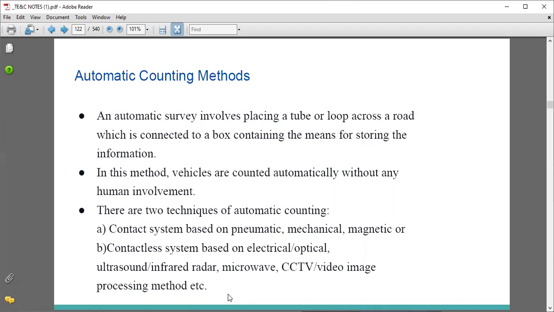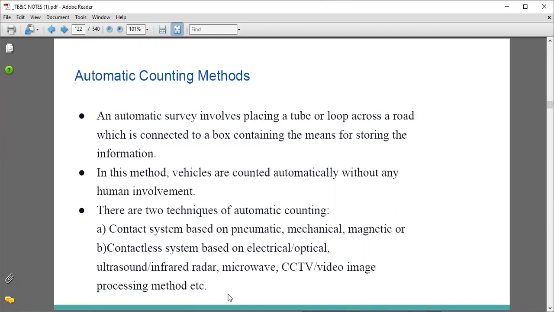These techniques are based on pneumatic, mechanical, electrical, optical, or sometimes ultrasound, and video image processing systems. Some CCTVs are on the road, and through these CCTVs, through video image processing, or microwave, sometimes infrared radar, by using electrical, mechanical, pneumatic, or magnetic contact systems, we understand how many vehicles are moving on that road.